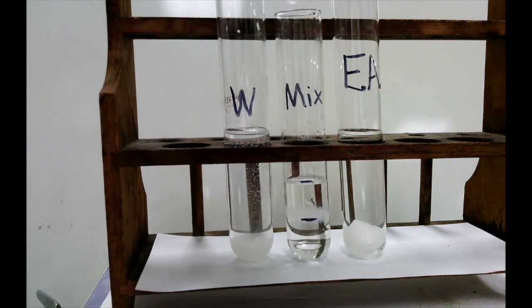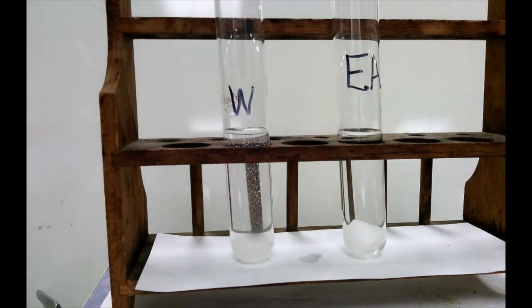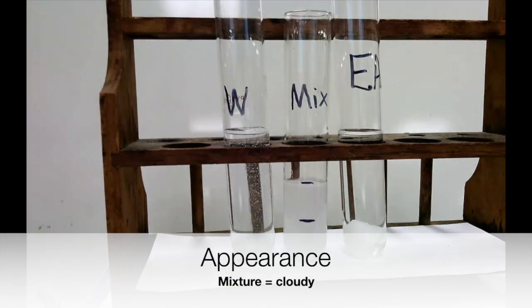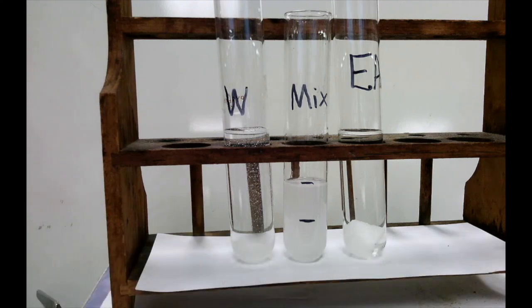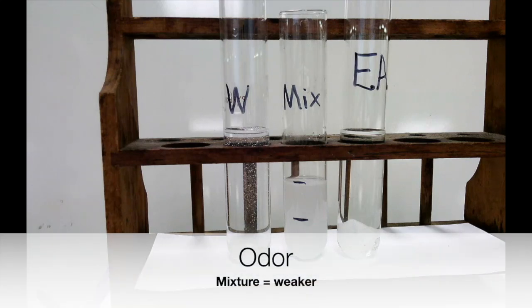We'll give it a little stir to make sure it's good and mixed. What you'll see is that its appearance is rather cloudy. And if you were here in the classroom and able to smell it, you would find that it has an odor, but a weaker odor than the ethyl alcohol does.